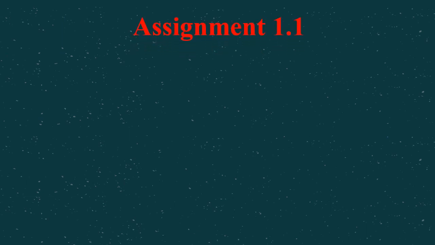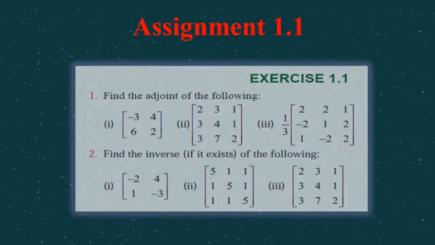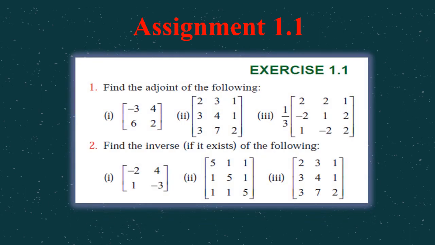Now my dear children, the next assignment 1.1: I request you to solve exercise 1.1, first and second questions. Both the questions contain 3 problems. Find the adjoint of the following: the first one is a 2 by 2 matrix and the rest are 3 by 3 matrices. Find the inverse of the following, and within brackets they have given 'if it exists'.